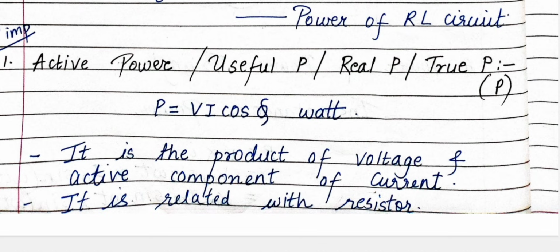So what is the definition for active power? It is the product of voltage and active component of current. Okay, then it is related with the resistor. Only these 3 points. First, your formula P is equal to VI cos phi watt. Second is you have to define it: it is the product of voltage and active component of current. Then third, you have to write that it is related with the resistor. I hope you are very clear with the active power.